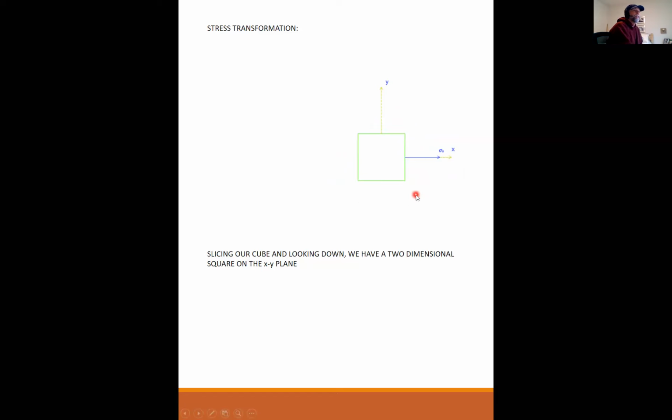So this is looking straight down, and this is my y direction, this is my x direction, and this is my normal stress in the x direction. We place sigma x in the x direction. We have sigma x going in the opposite direction over here. So again, these are not independent, they are equal and opposite.